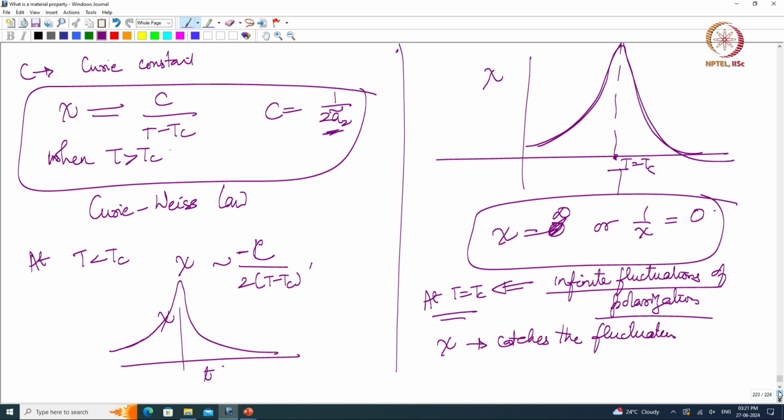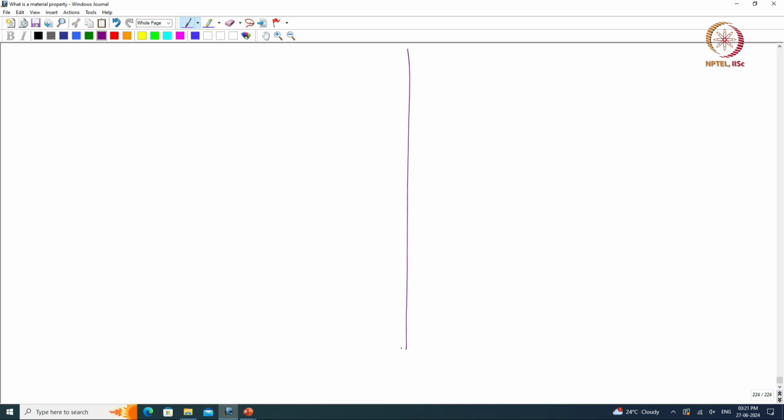So, this is susceptibility, right. Susceptibility means at the phase transition. This actually tells us some insights about a second order phase transition.